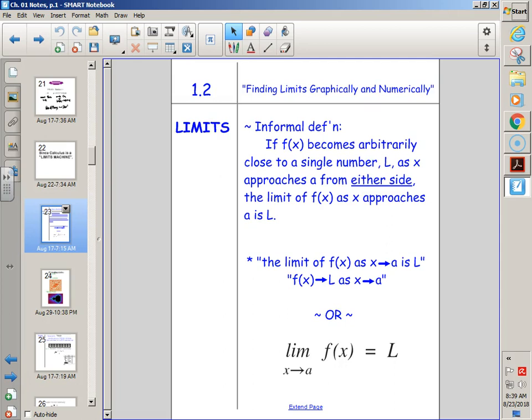It's not going to be brand new stuff, which is really nice. Nice thing is, pre-cal kids, you already saw this first slide because I already gave you the informal definition last year.